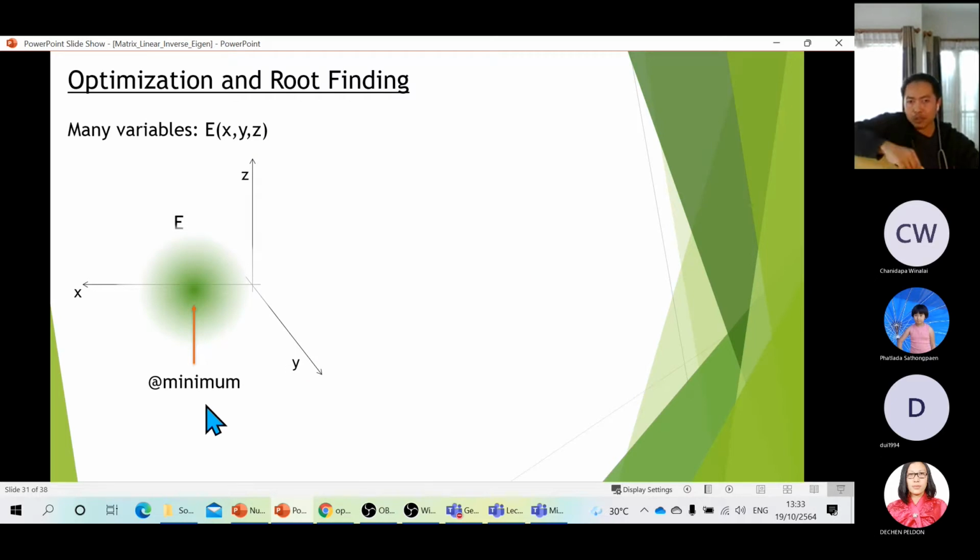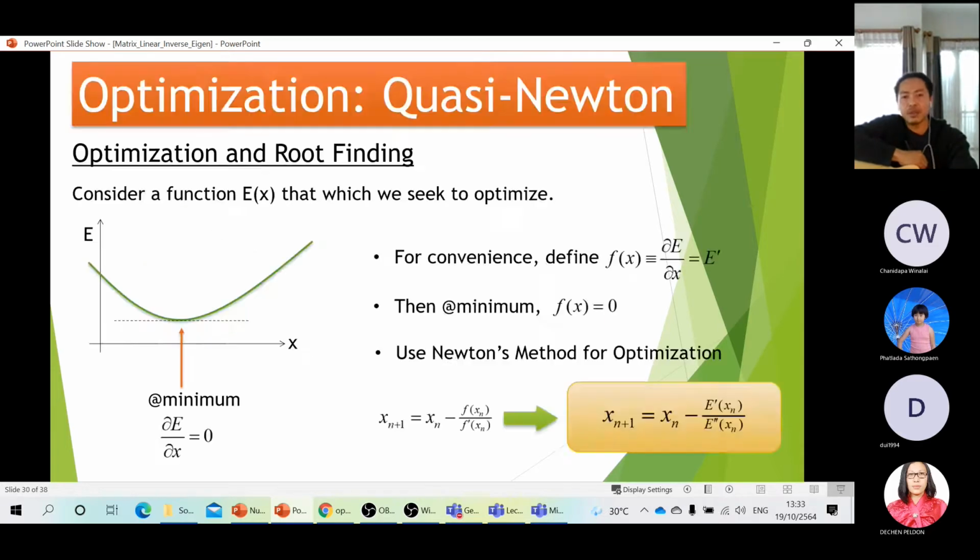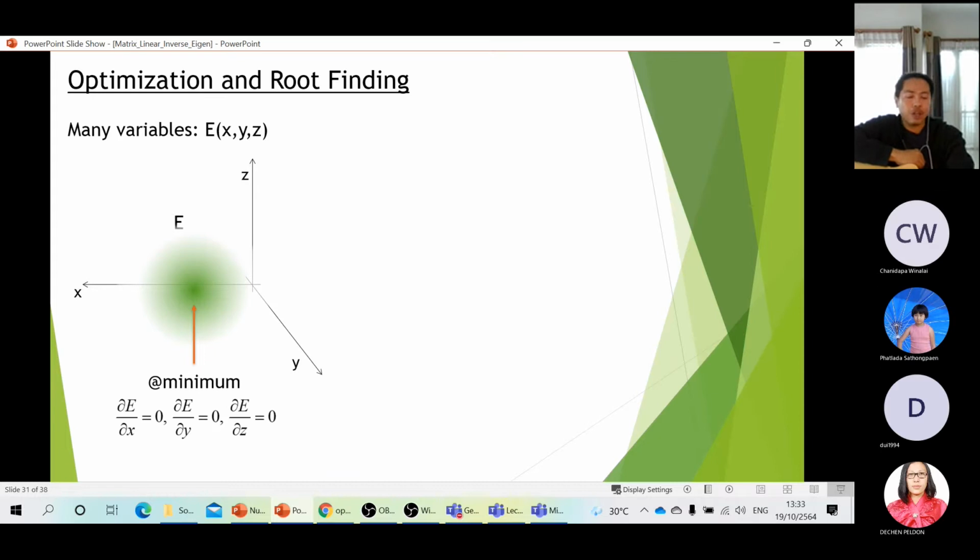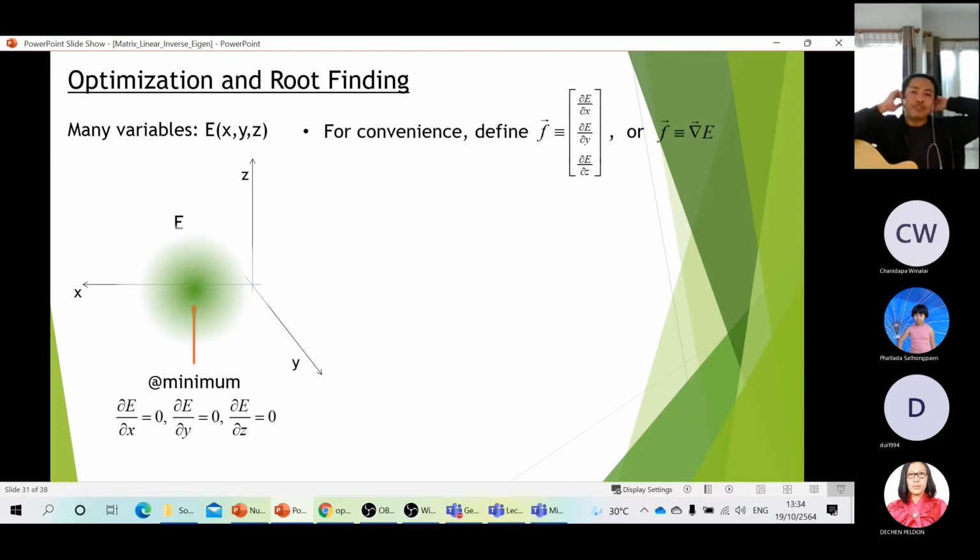If you look at this picture, you can kind of see that the minimum happens right in the middle of this shaded color here. The condition for this is very similar to the one-dimensional case, but now we have three dimensions or more. You have d/dx, d/dy, d/dz, and all of these must be 0. Now we do the same technique.